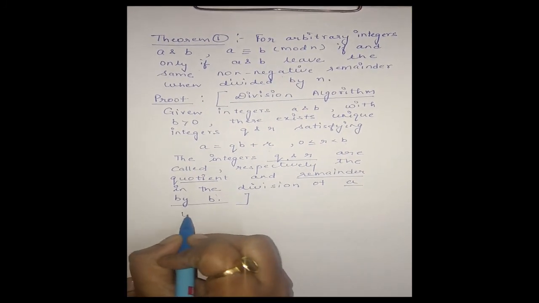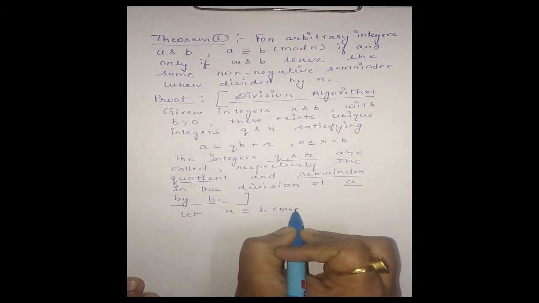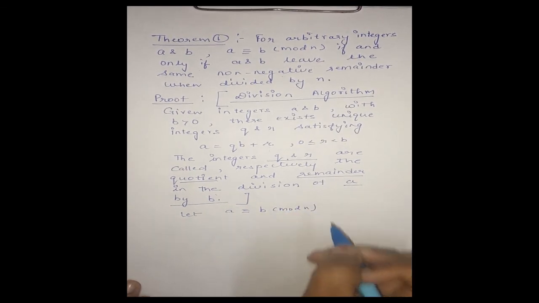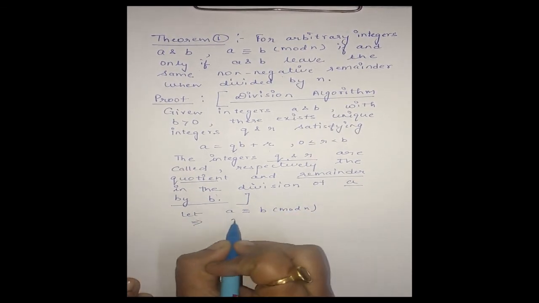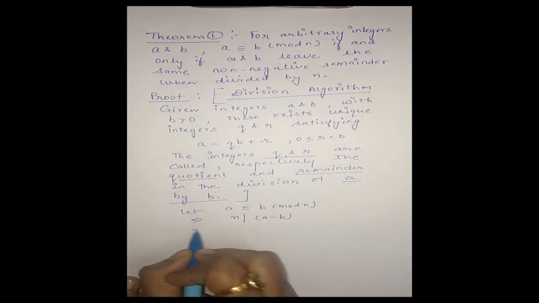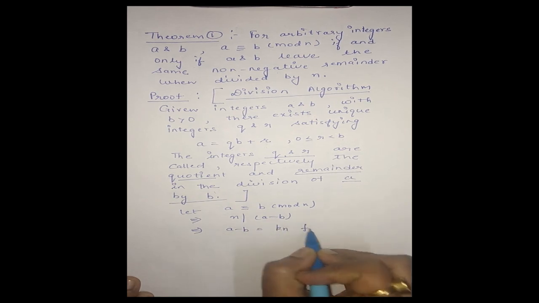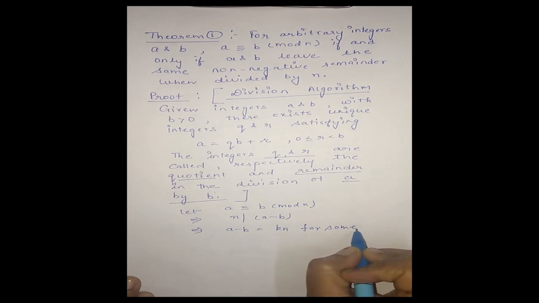Let a be congruent to b modulo n. By definition, this implies n divides a minus b, and this will imply a minus b is equal to kn for some integer k.